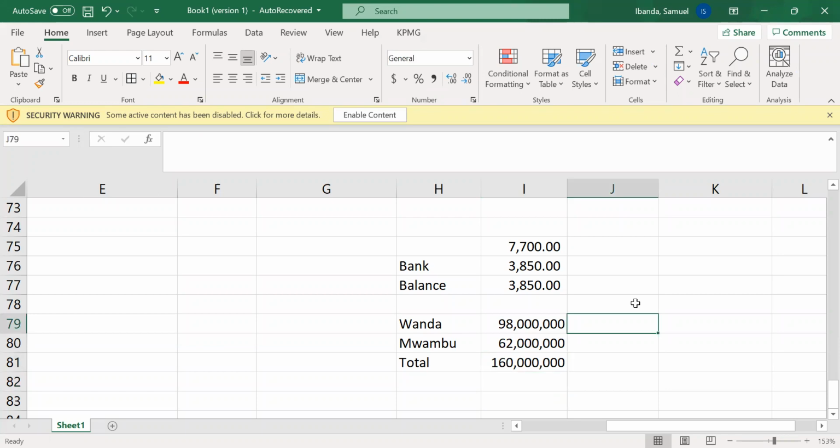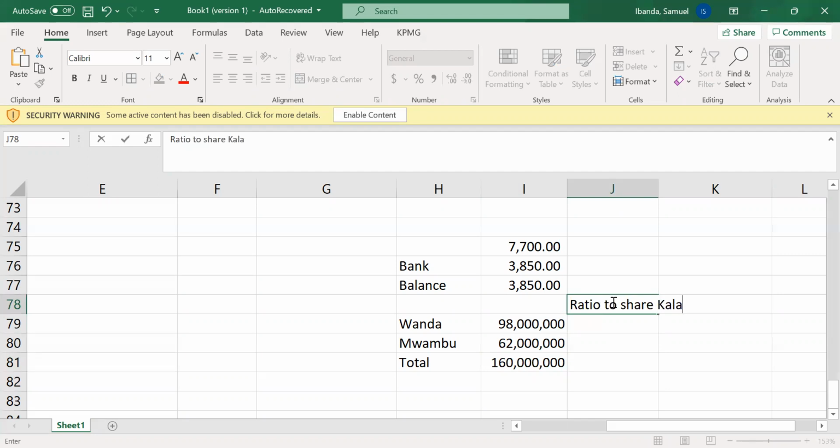Now, if you have to get the ratio for Wanda, this is the ratio to share Karule's balance.